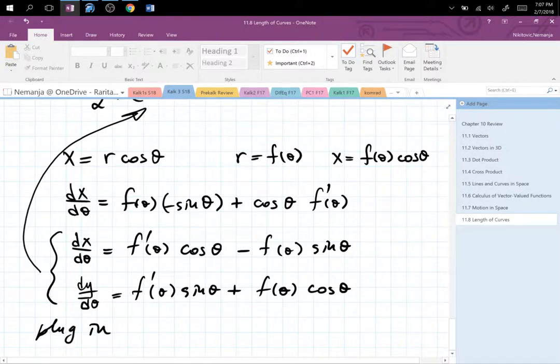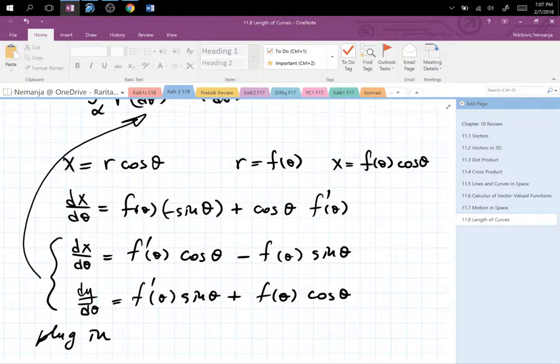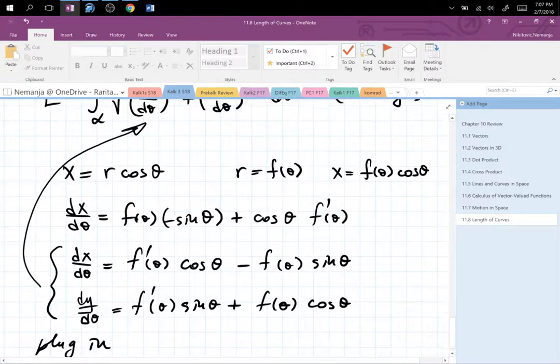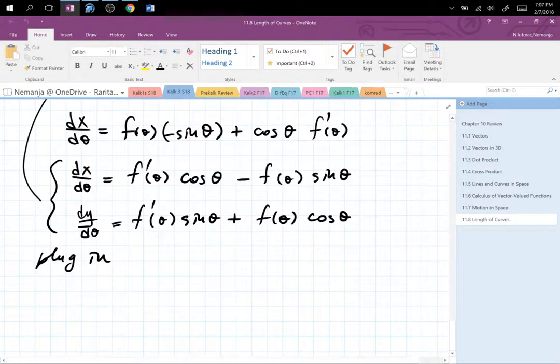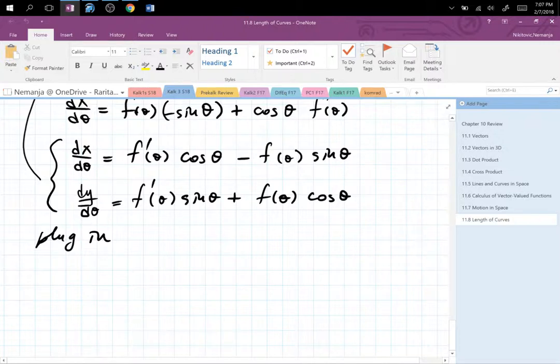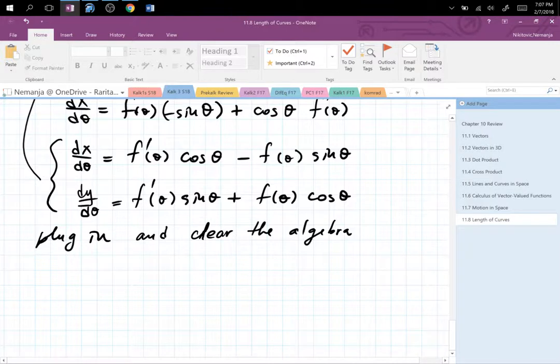and clear the algebra. That's all you need to do. These are very messy, very long expressions, because you see that dx d theta is squared. So you have to square this thing, and you get a very long expression. Then you have to square the one on the bottom. You get a very long expression. When you clear the algebra, they cancel beautifully, it all gets compacted. So plug in and clear the algebra, or use the algebra to clean up the expression, whatever.